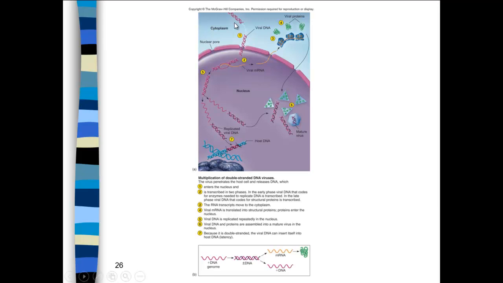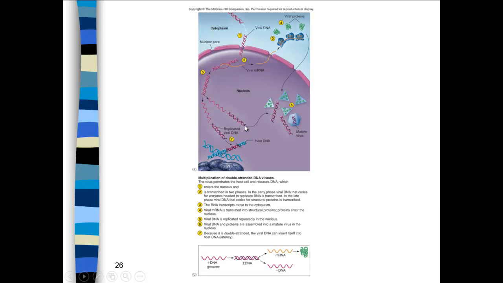But what it shows is when viral DNA has to be replicated, you start out in the cytoplasm, then it goes into the nucleus. In the nucleus, the viral DNA is transcribed into messenger RNA that's translated to make viral proteins. In addition, the viral DNA is unwound and unzipped. So you have positive and negative sense DNA.